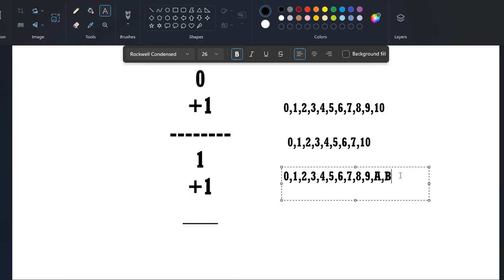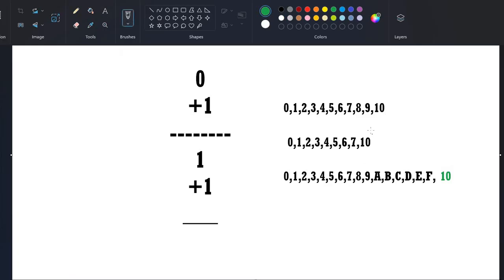A, B, C, D, E, F. That is six symbols, so total 16 symbols. And after that, what comes? 10. So from all of these, you could see that this is also 10, this is also 10.